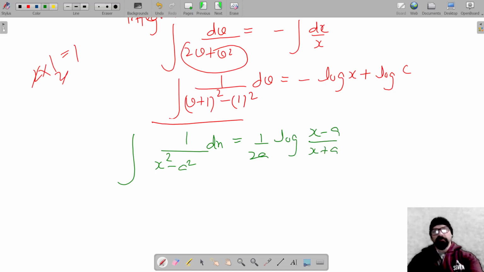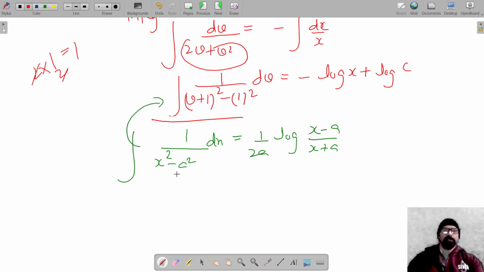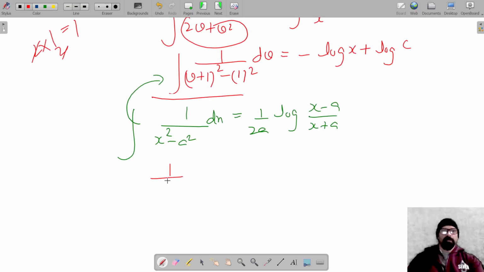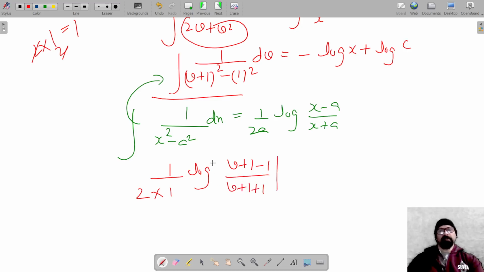So if we apply this here, it becomes 1 by 2 into a, a is 1, into log of x is v plus 1, v plus 1 minus 1 upon v plus 1 plus 1.